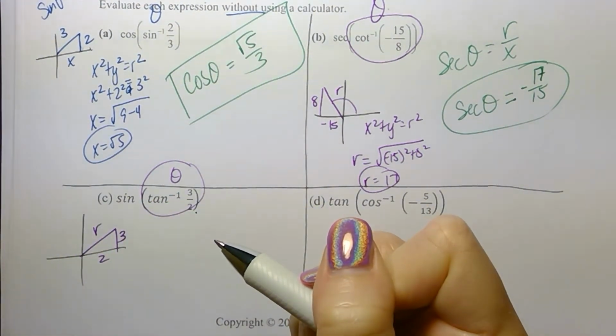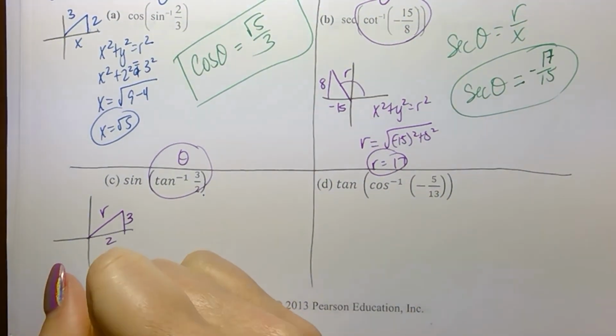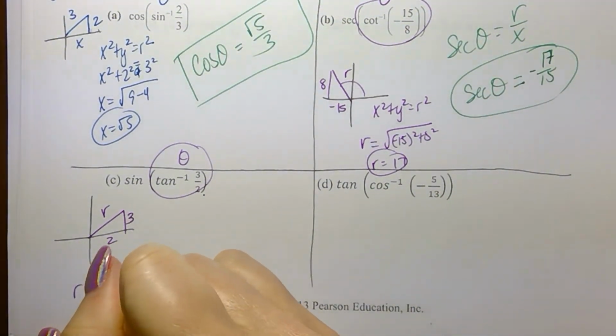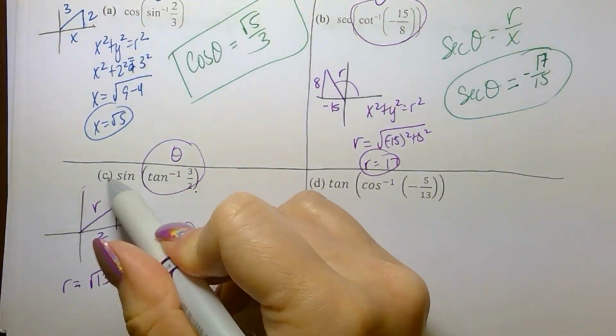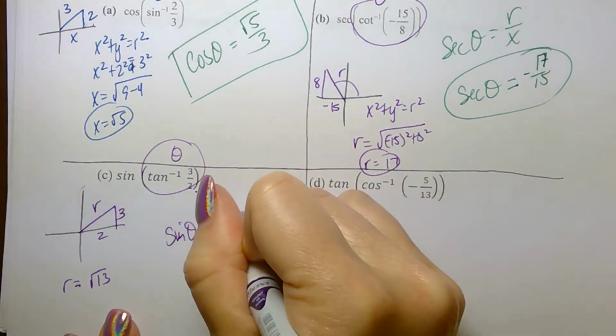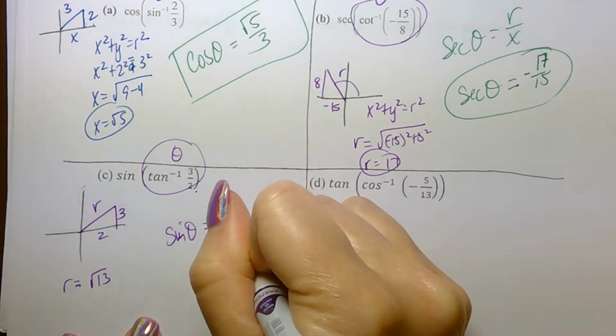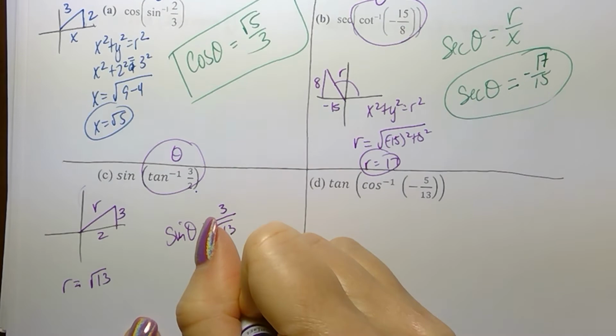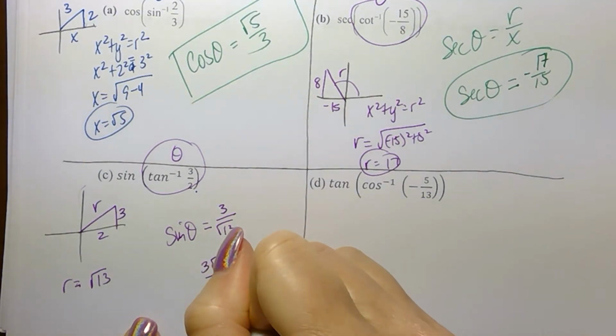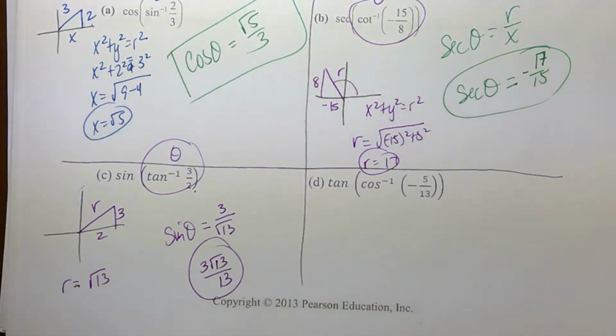I need r. Using the Pythagorean theorem, I discover that r is square root 13. Sine of this angle is y over r, and then I need to rationalize my denominator. So I've got 3 square root 13 over 13 as my sine value of that angle.